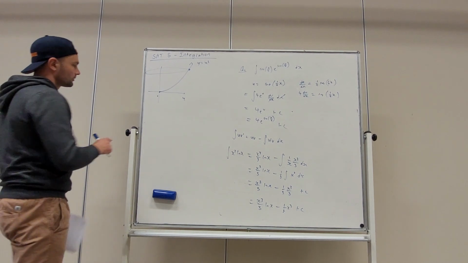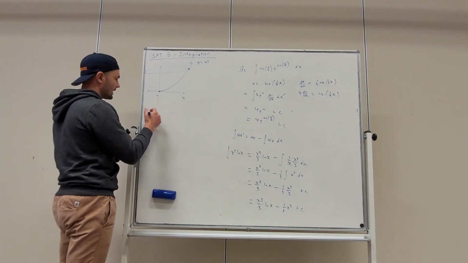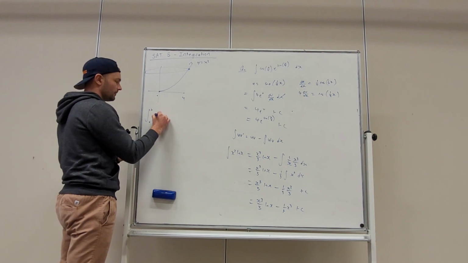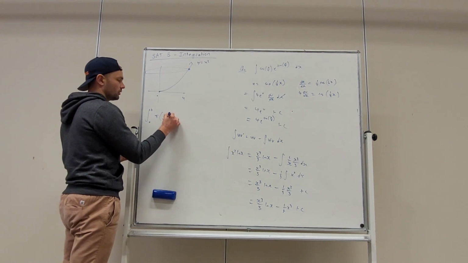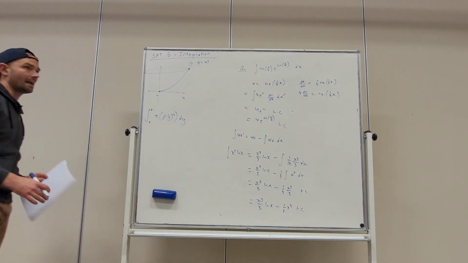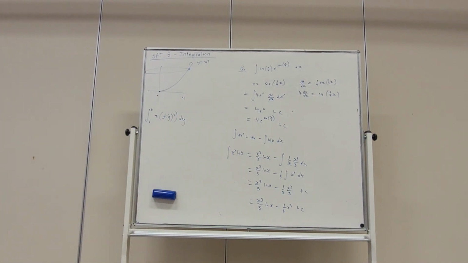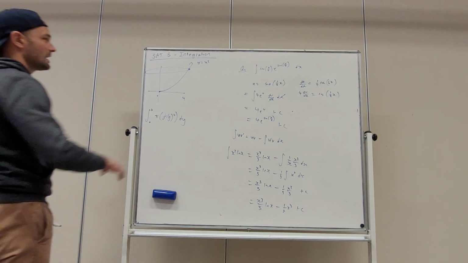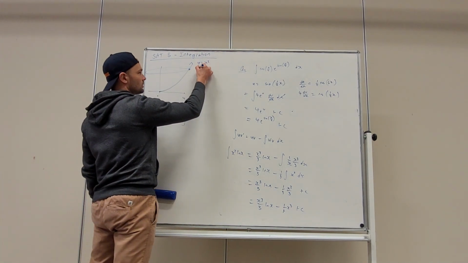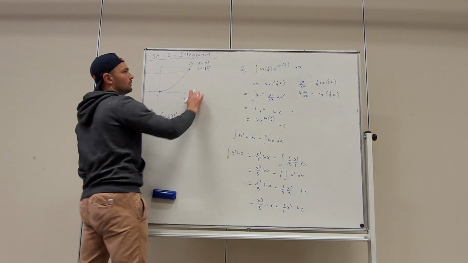So, to rotate a function around the y-axis, what we're doing is the integral from a to b of pi times the function of y squared with regards to y. We need the function of y squared. So here we have y equals x squared, so that means x is equal to the square root of y.